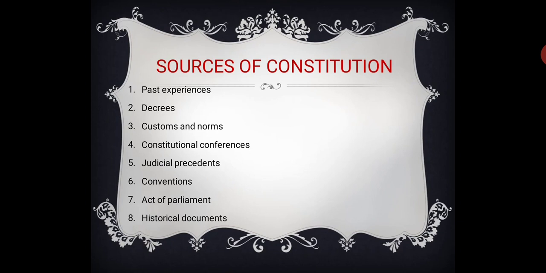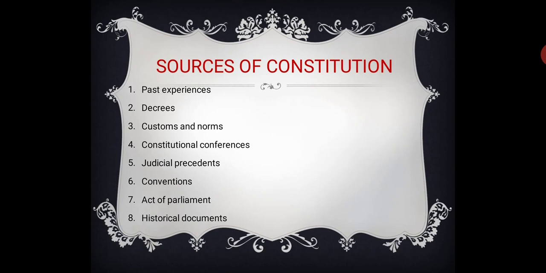Number 5, we have judicial precedents. The previous and important judgments passed and decisions taken in higher courts like the Supreme Court often form part of a new constitution. Number 6, we have conventions.